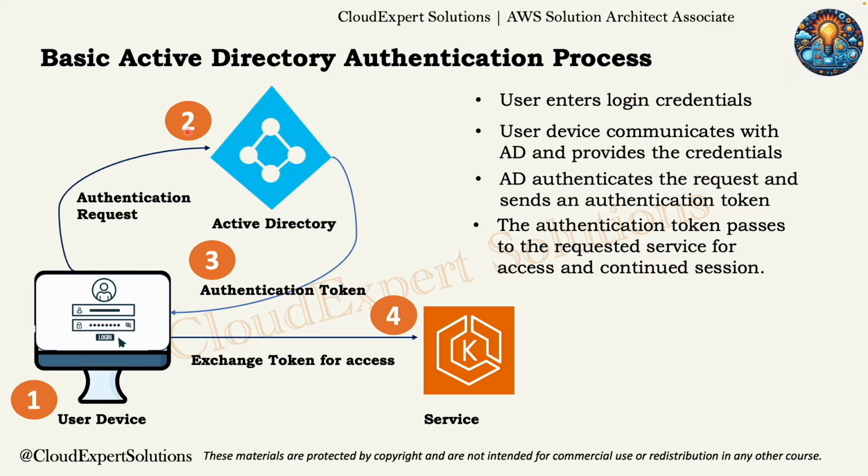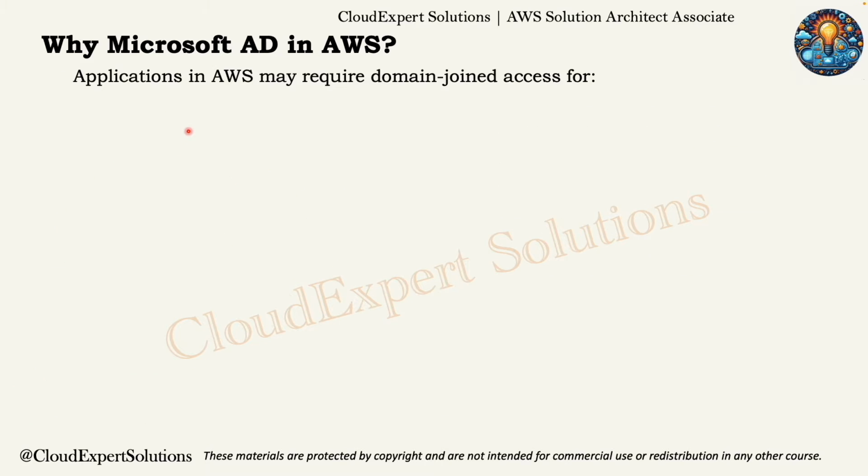As you understand the Active Directory authentication process, now you must be asking, why do we need directory services in AWS? As organizations move applications to the cloud, users and applications still need to authenticate securely and consistently.